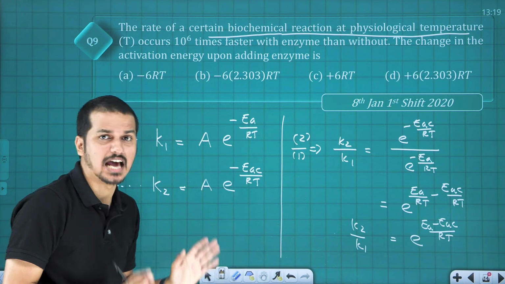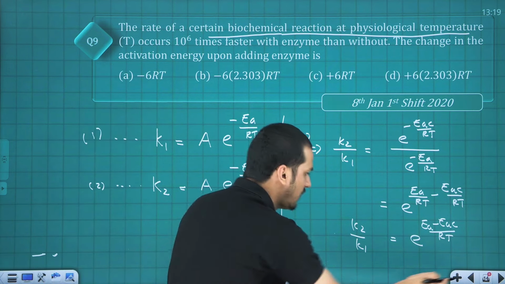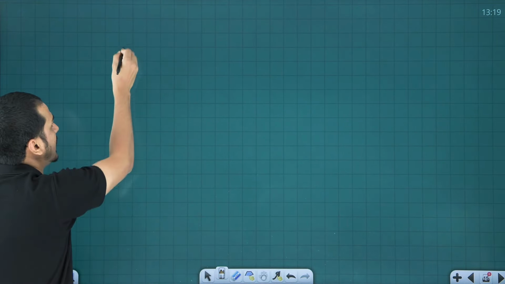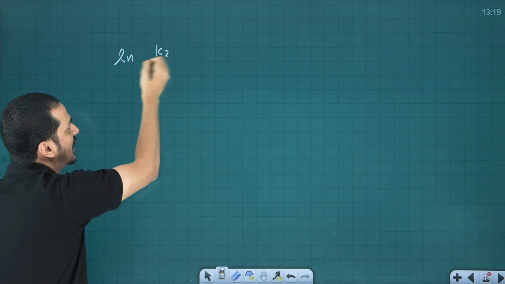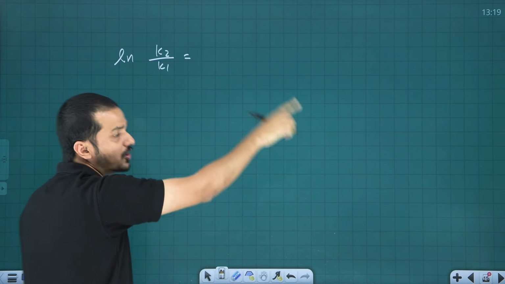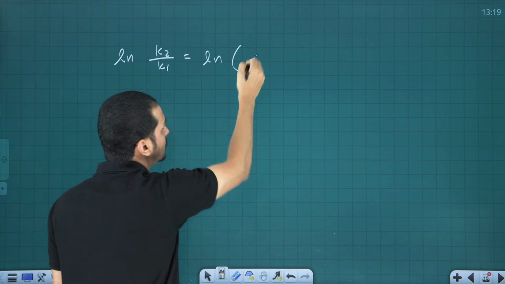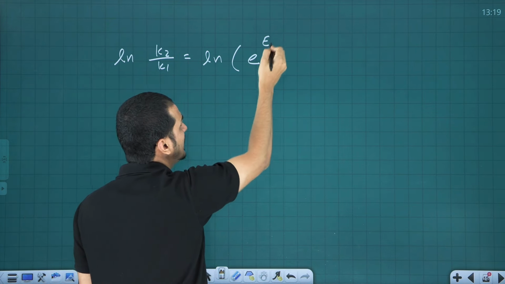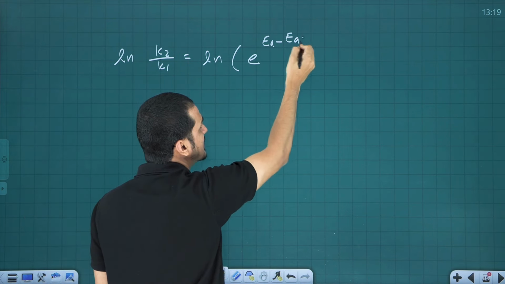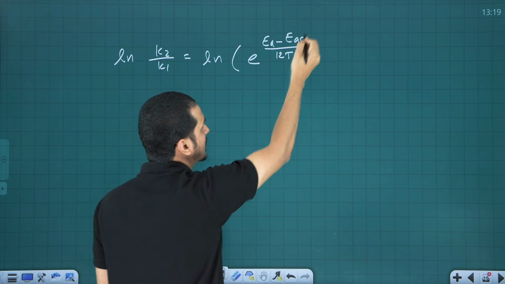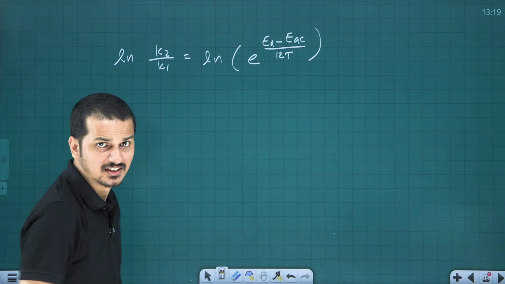Now I have to take the natural logarithm on both sides. If I take the natural logarithm on both sides, the equation becomes ln K2 by K1 equals ln of e raised to EA minus EAC divided by RT. Clear?